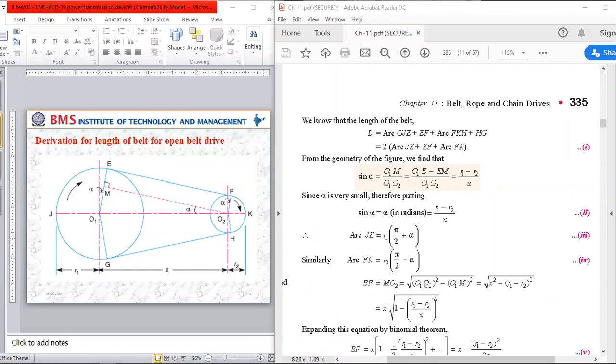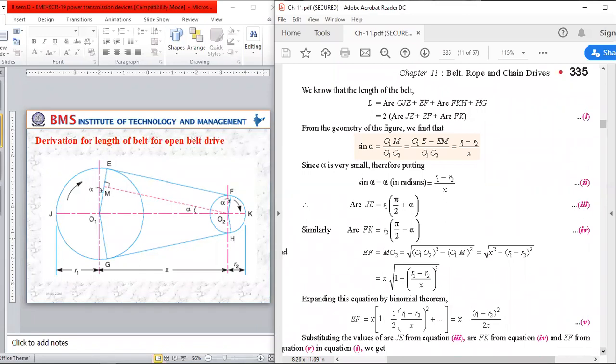O2M is the square root of O1O2 squared minus O1M squared, so X squared minus R1 minus R2 whole squared. If I take X squared outside, it becomes 1 minus R1 minus R2 by X whole squared, and I get MO2.